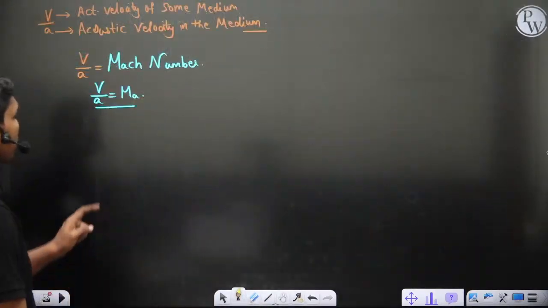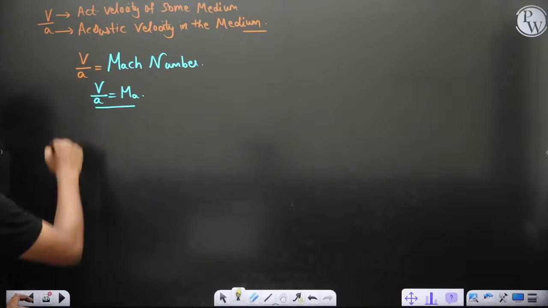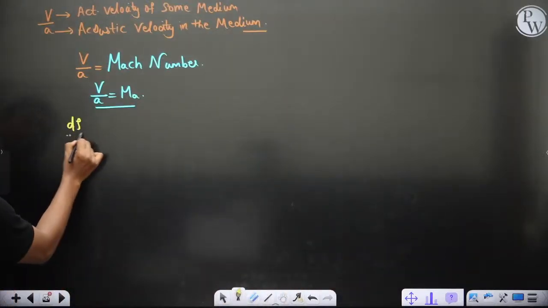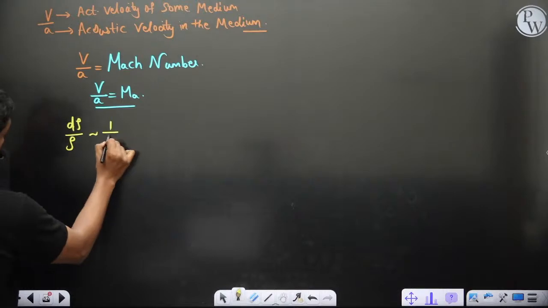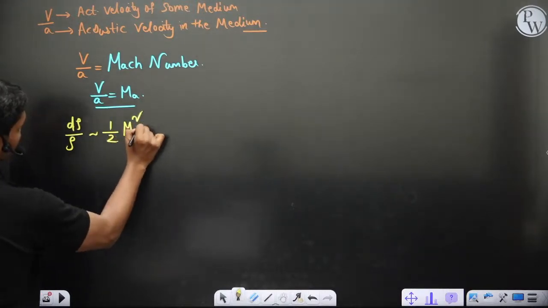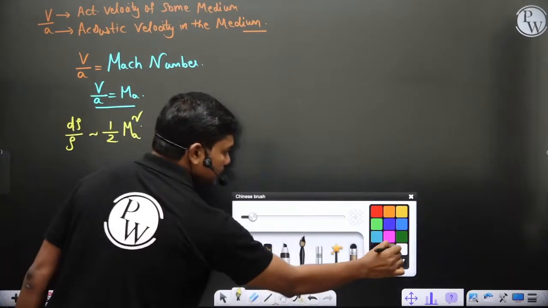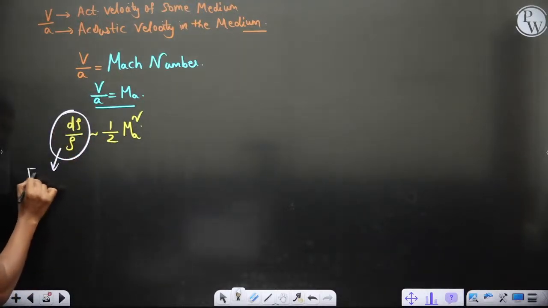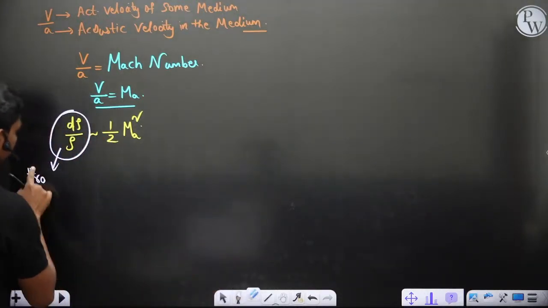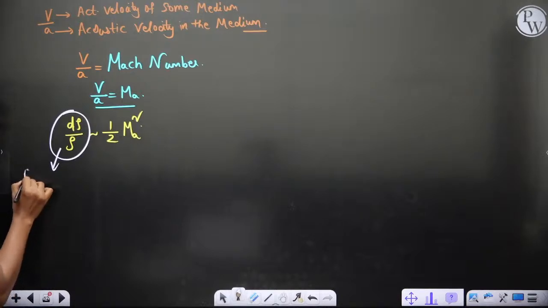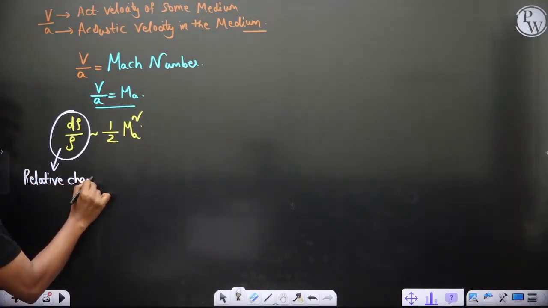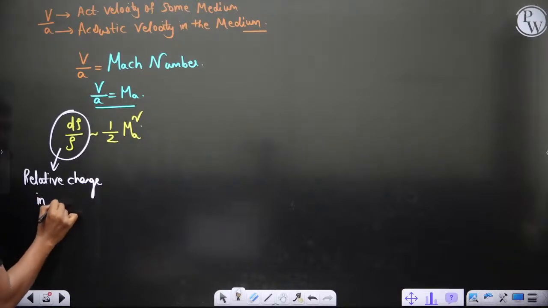Now in this case, because this is the Mach number, I can write d rho by rho as scaled to half times Mach square. Now this quantity gives you the fractional change in density, or you can say the relative change in density.